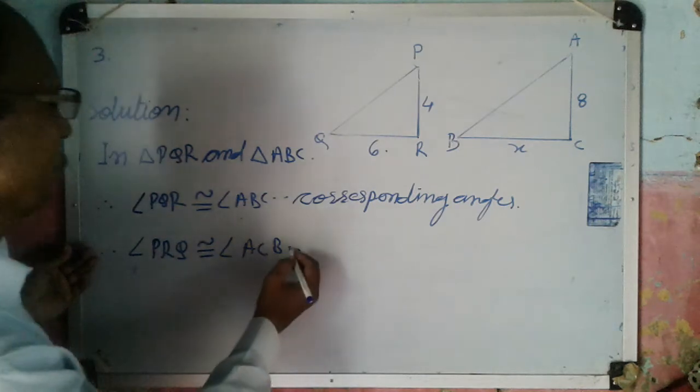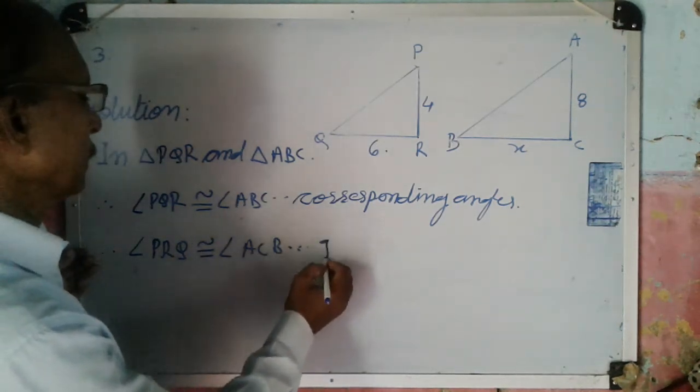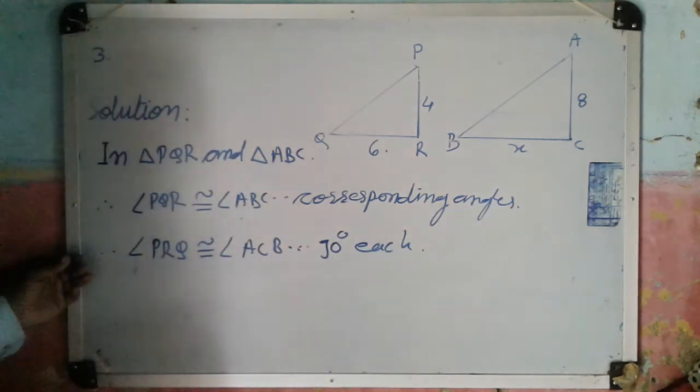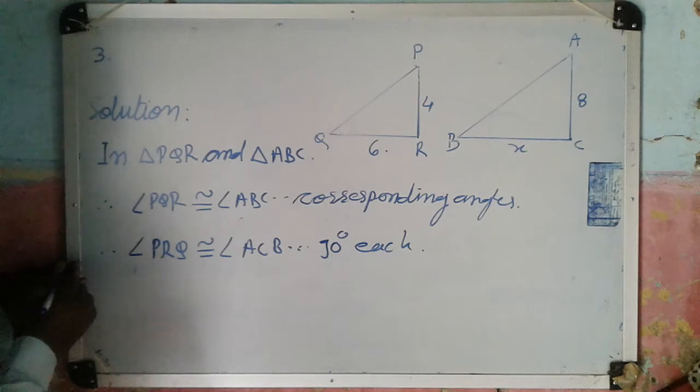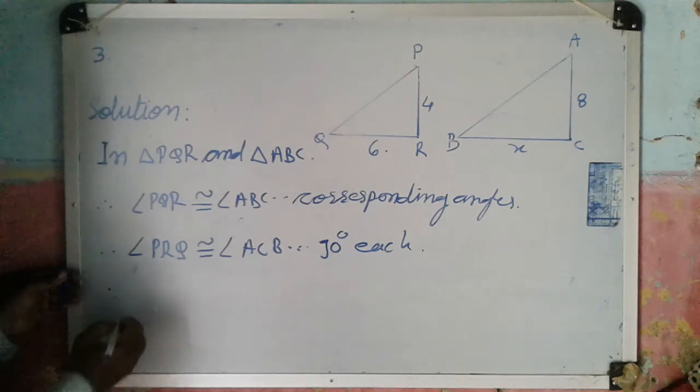The measure is 90 degrees each. So by our test of similarity, the AA test, these two triangles are similar.